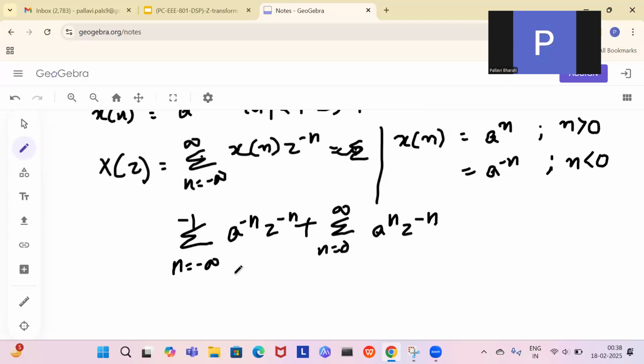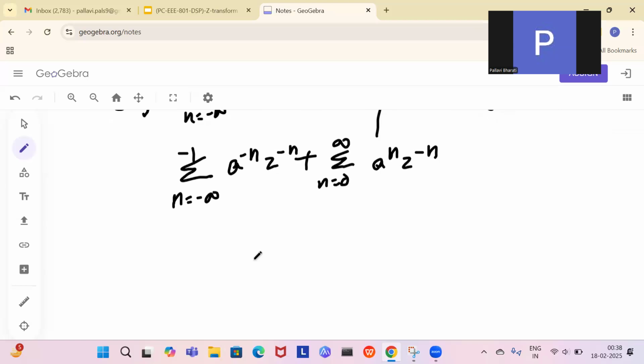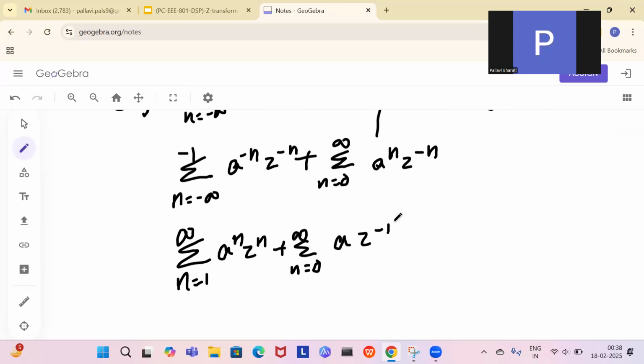Same as one of the questions we did previously, we are going to change the limit over here, n equals 1 to infinity. If we change the limit, the sign of the things inside it is going to change. It will become a to the power n, z to the power n. Now this is n equals 0 to infinity, (a z to the power minus 1) to the power n.